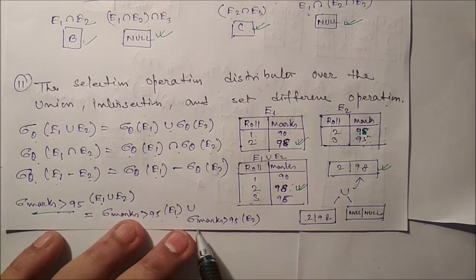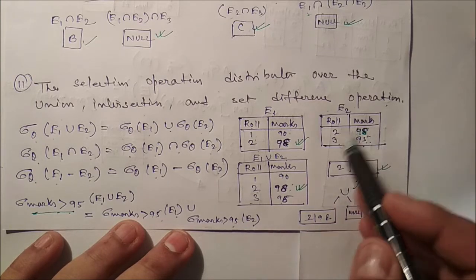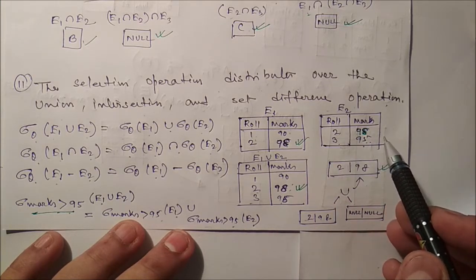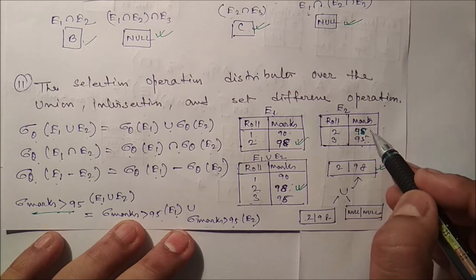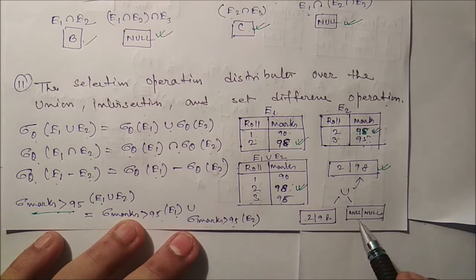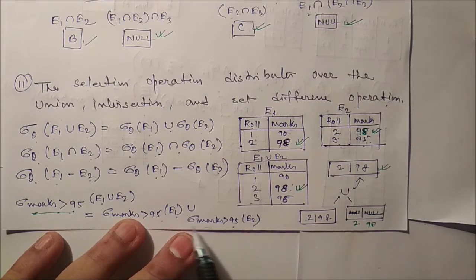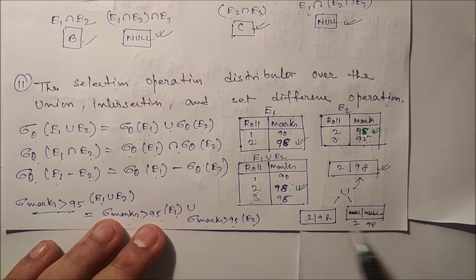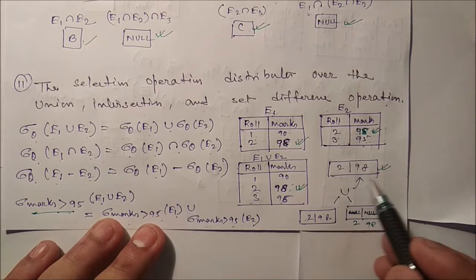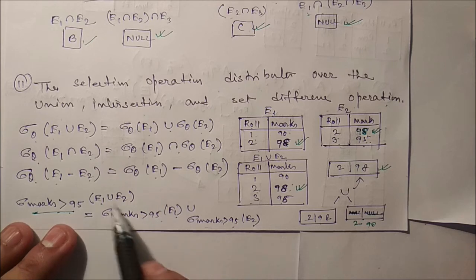And in this case, marks greater than 95 from E2 is this one, 2, 98. And if you apply the union operation after that, definitely the output is 2, 98. Same thing. So definitely you can say both the expressions are equivalent.